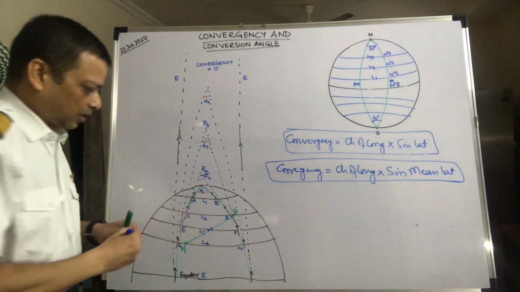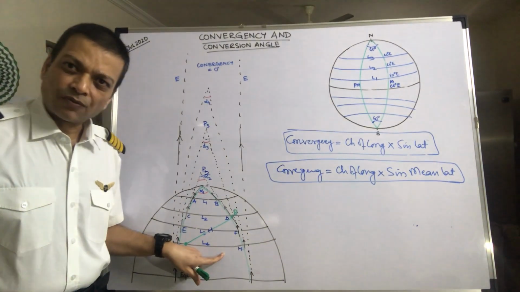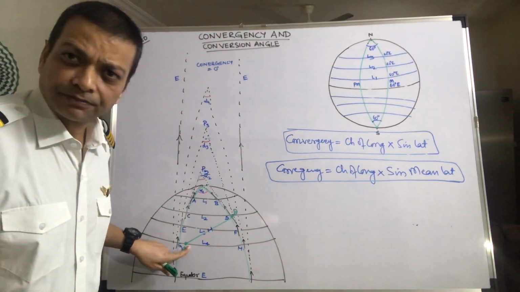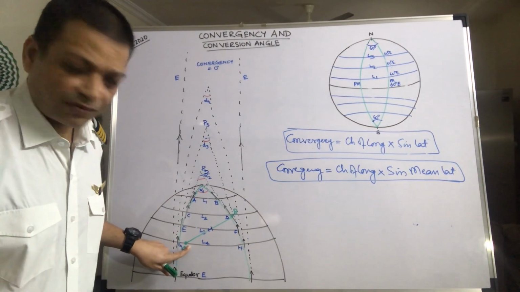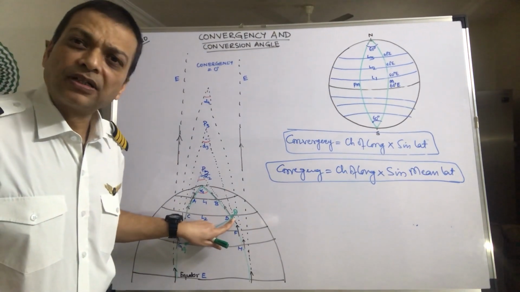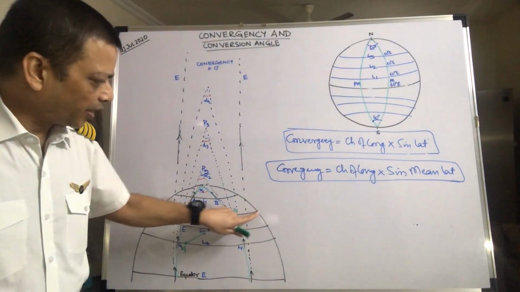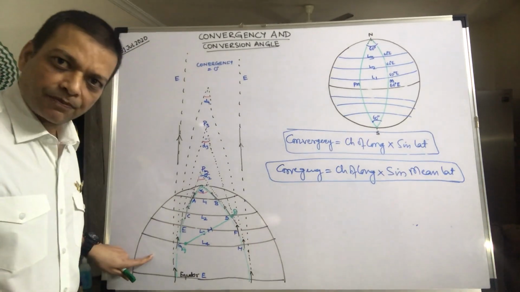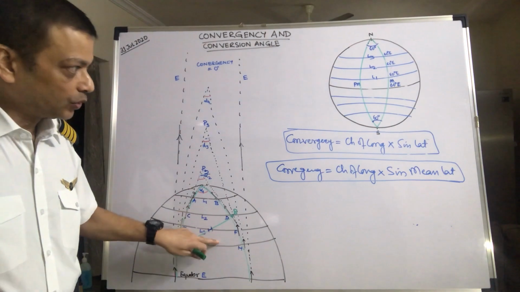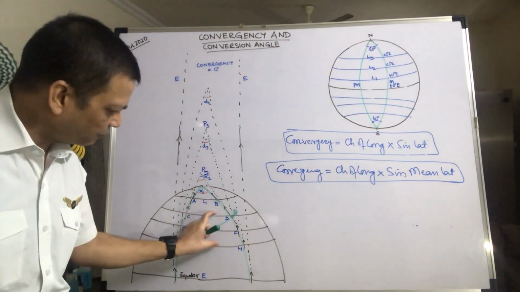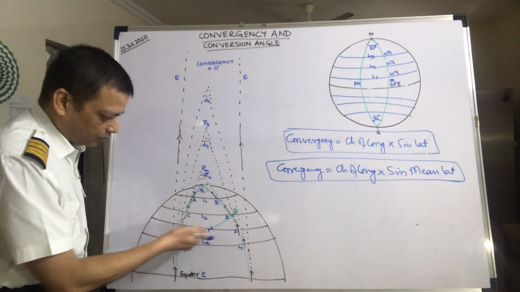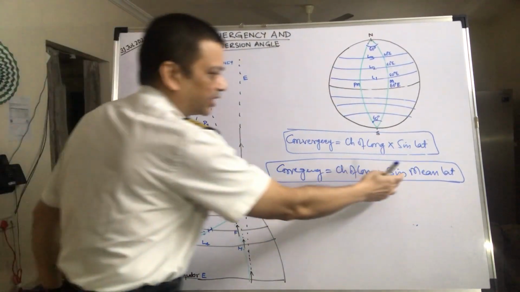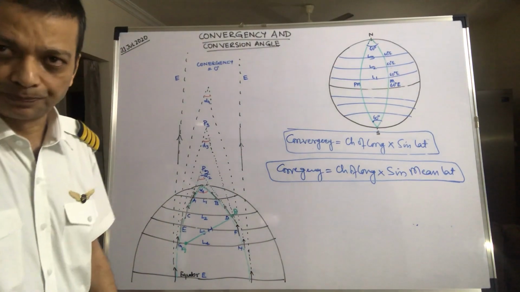So here we take this latitude from where we are originating, we are starting off, we are taking off, and the terminal point. So this terminal point is on this latitude. This is the starting point on this latitude. And if we take both the latitude, mean of them, somewhere that will give you the latitude in the midway, and the angle which is subtended will give you sine mean latitude value.